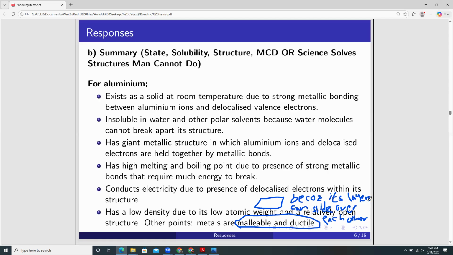Yeah, so that is another property one can think about. Then one can also think about conduction of heat. Metals conduct heat. So aluminium conducts heat. Why?